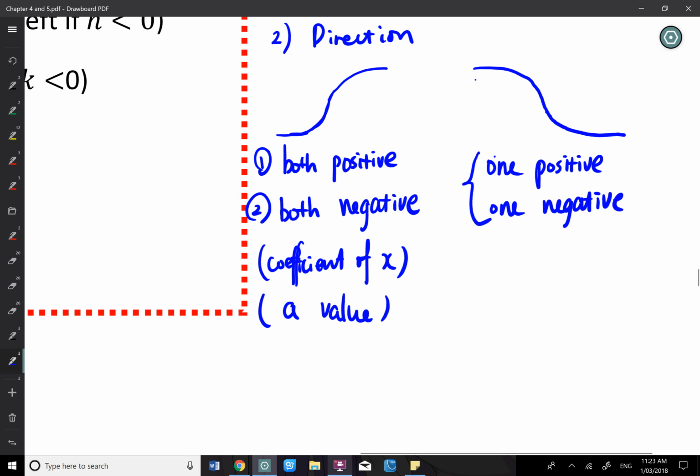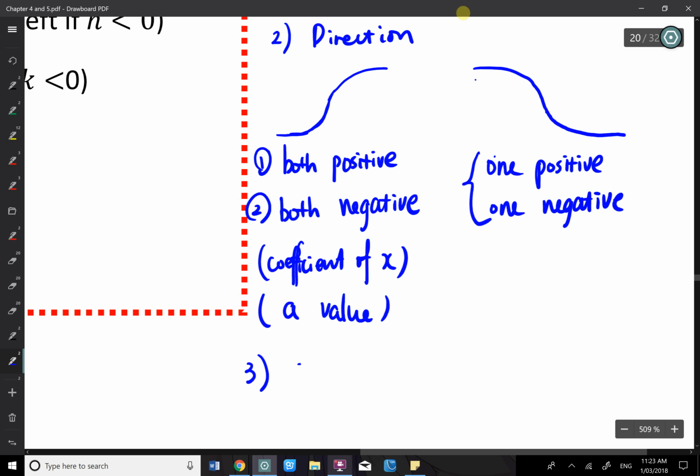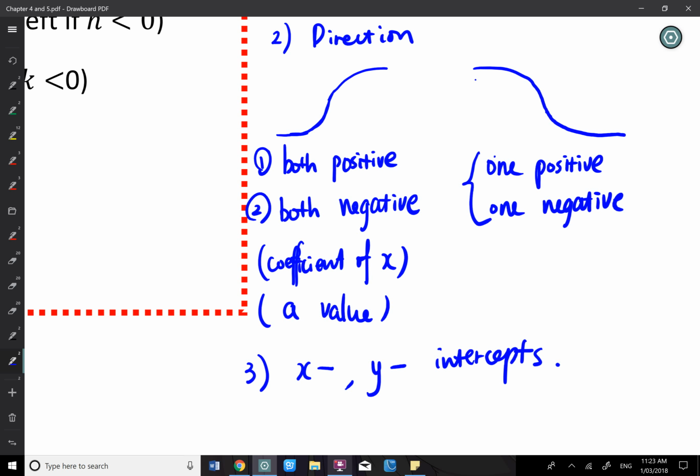Okay, and then number 3 is xy intercept. There must be xy intercepts. Why? Domain and range is R and R. x can take every value, so x can be 0; y can take every value, so y can be 0.